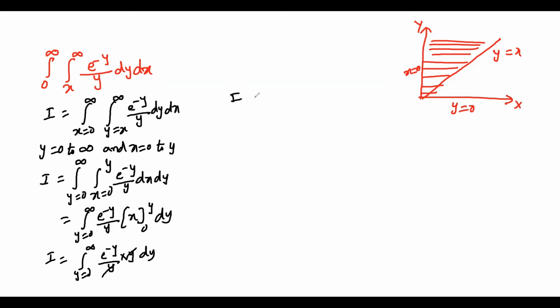So I is equal to integral y is equal to 0 to infinity, e power minus y into dy. The integral is minus e power minus y from 0 to infinity, which is 1. Therefore, I is equal to 1. Can you do it without seeing?